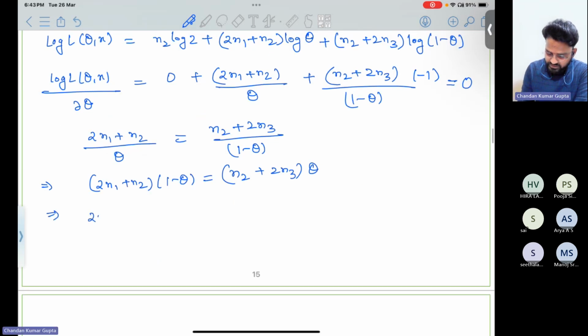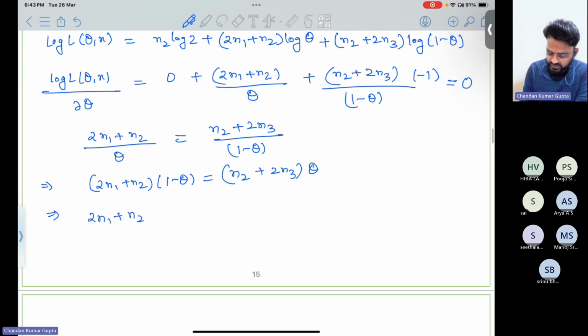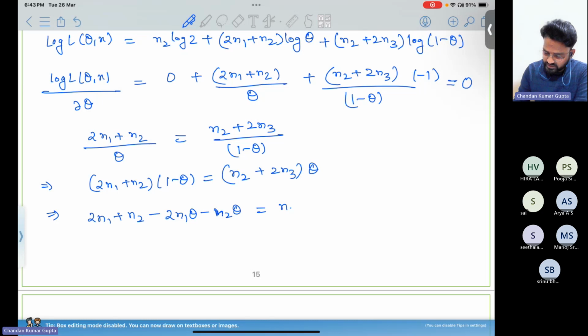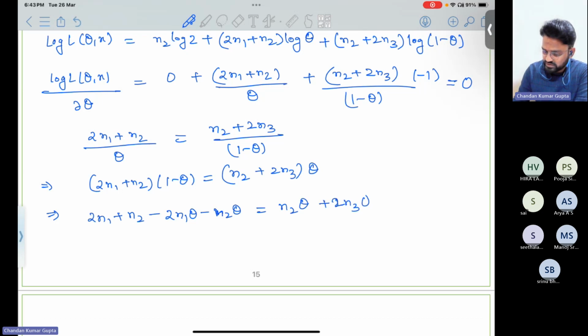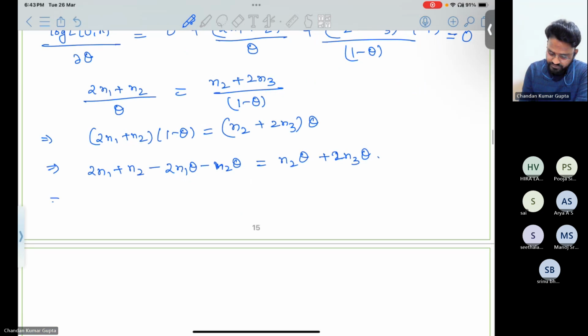Then from here, 2n1 plus n2 minus 2n1 theta minus n2 theta, it's plus n2 theta, equal to n2 theta plus 2n3 theta.